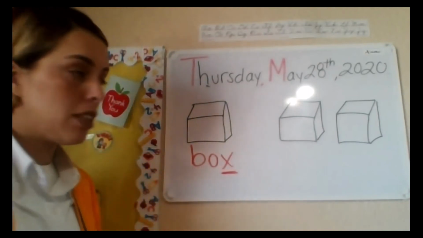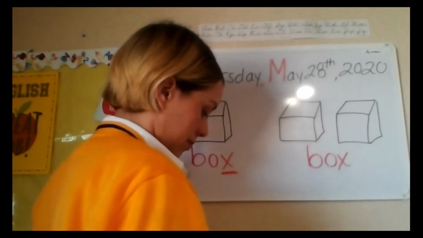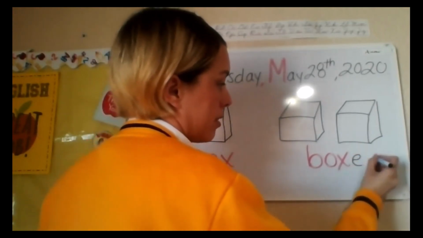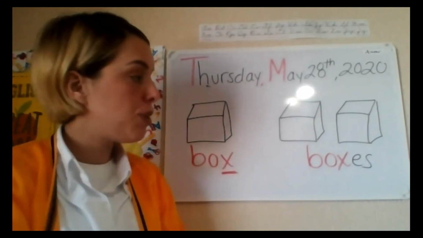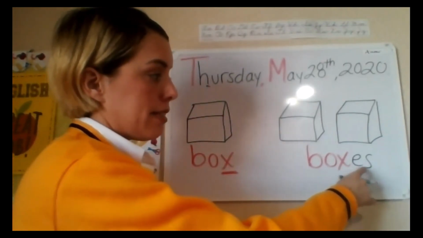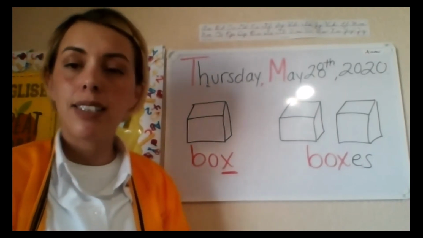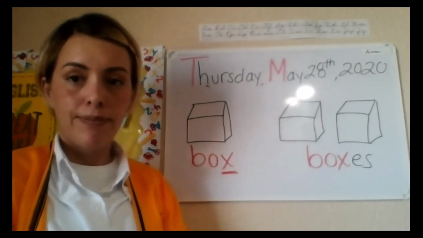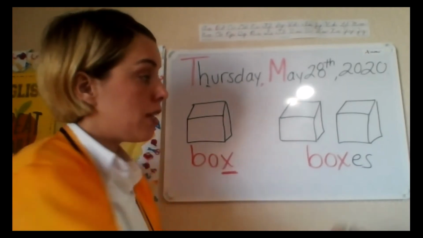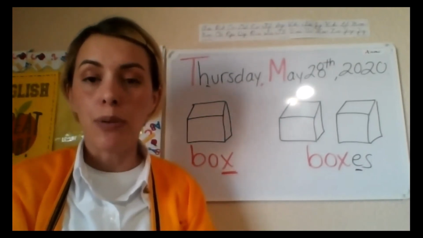The word changes to boxes. And again, our plural ends with ES because the sound X is very similar to the sound S. So we have to use the letter E to identify that it is a plural, right?